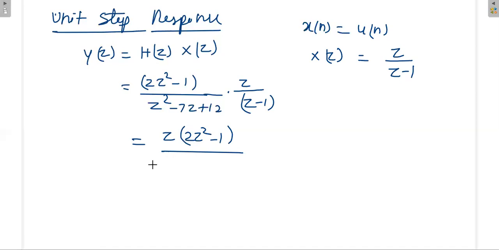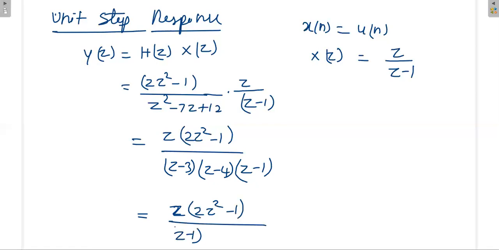So we can write z minus 3, z minus 4, and this is z minus 1. Finally we are getting, rewriting, z into (2z² − 1) divided by (z − 1)(z − 3)(z − 4). This is about Y(z) only, but we need to write in terms of y(n). Response means in time domain.